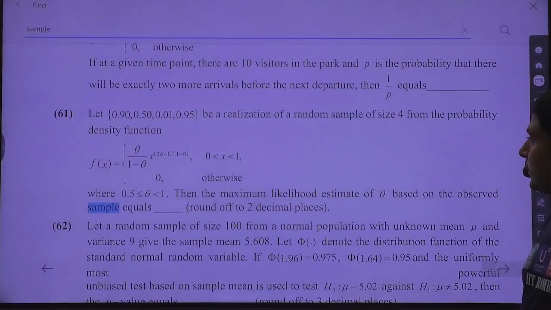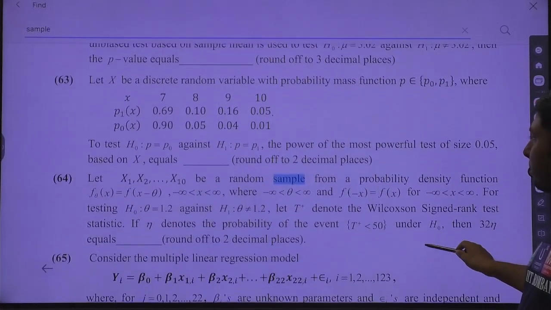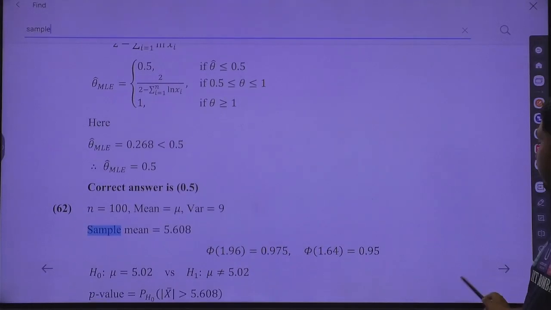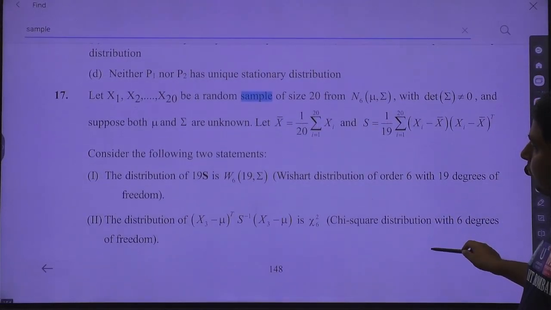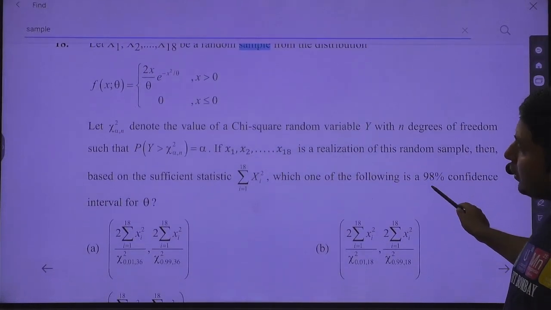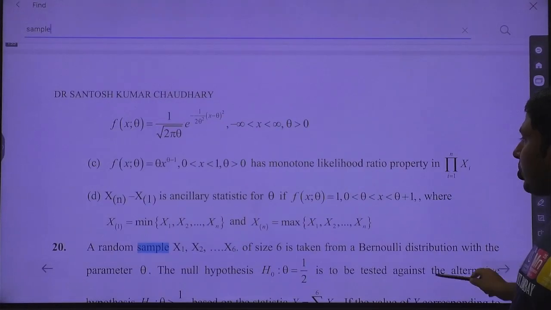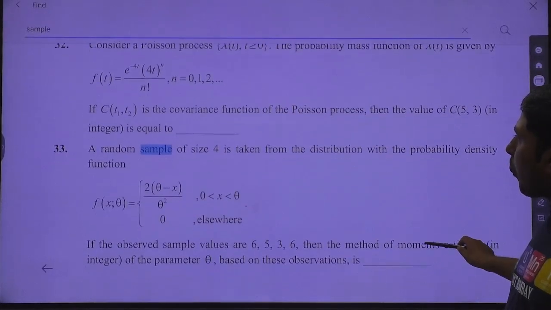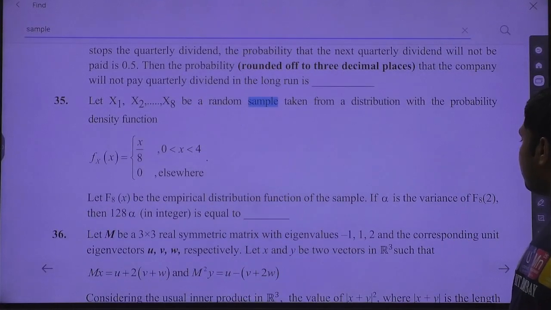These are all MLE, testing, multivariate normal, confidence interval, complete, sufficient, method of moments, empirical distribution function.